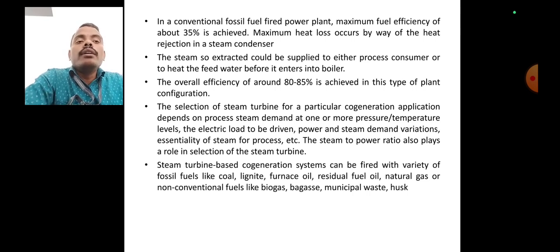We recover that heat and use it for process heating and some industrial applications. We increase the plant efficiency to about 80%. This overall efficiency means we are conserving energy, or reducing the fuel consumption. Reducing the fuel consumption means fossil fuel utilization is reduced, and the emission to the atmosphere is also reduced.